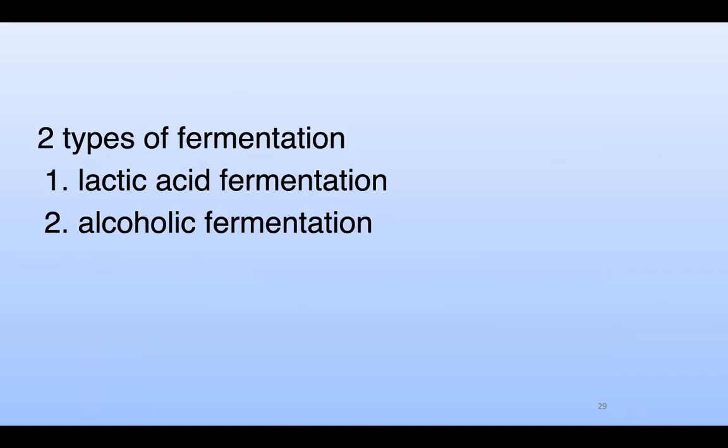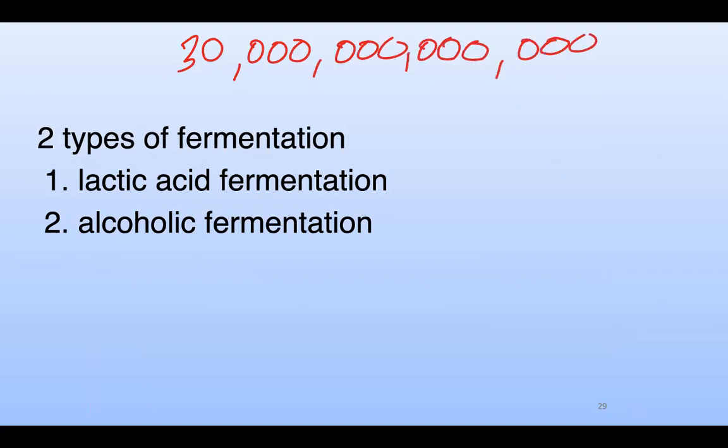We actually undergo lactic acid fermentation under certain conditions, not as a whole organism, but remember this is at a cellular level, and we have over 30 trillion cells in our body. How many is that? That's million, billion, trillion. And so not all of them obviously are going to be going through lactic acid fermentation at the same time.